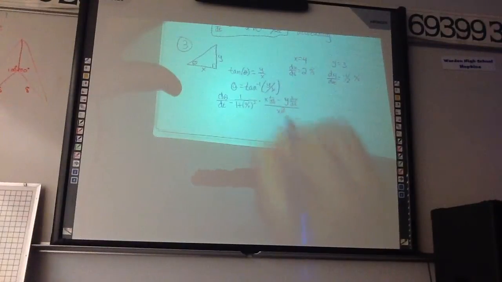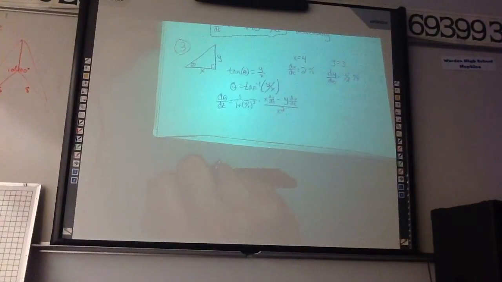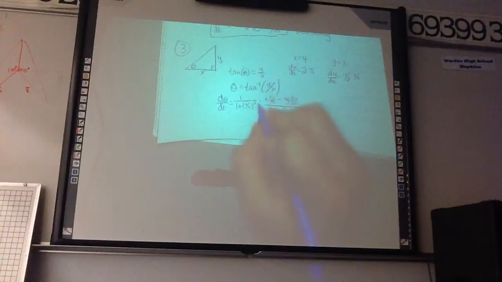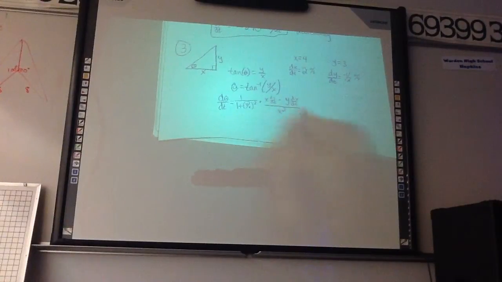Low d high minus high d low over low squared. There it is. Low d high minus high d low. So that basically just goes on the top, right? That's this whole thing multiplied by this whole thing.